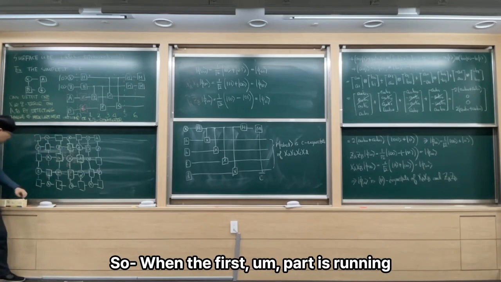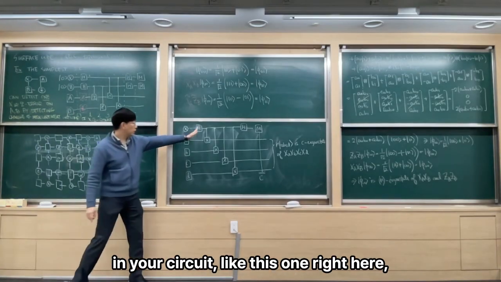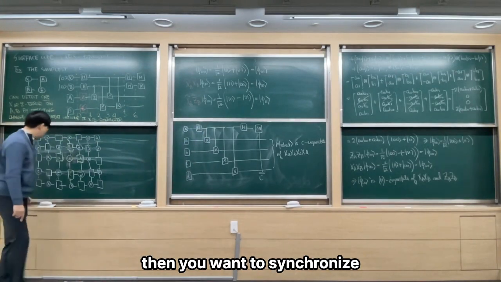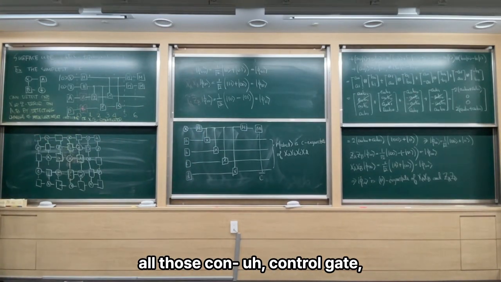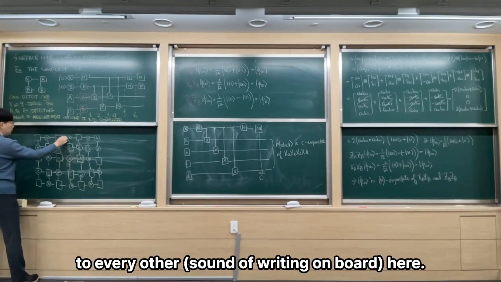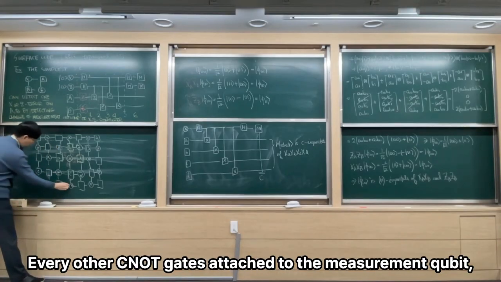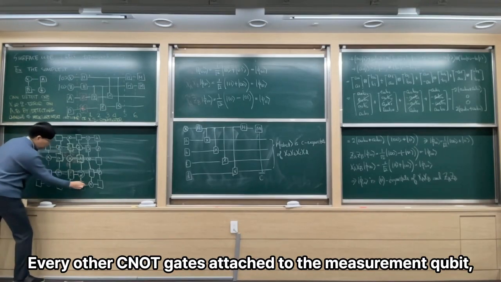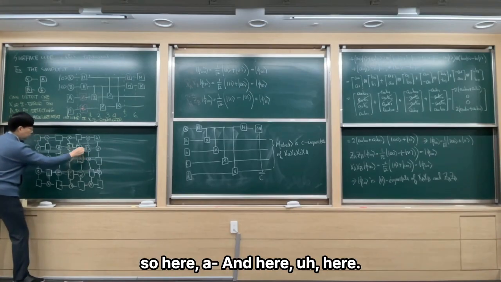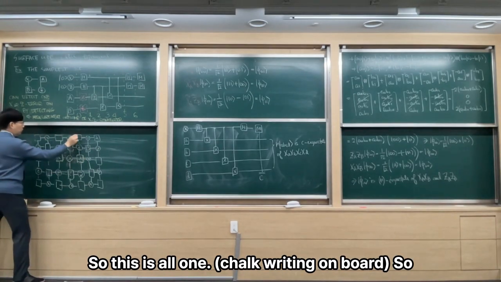So when the first part is running in your circuit, you want to synchronize all the CNOT gates attached to the measurement qubits, here and here and here. So this is all one.